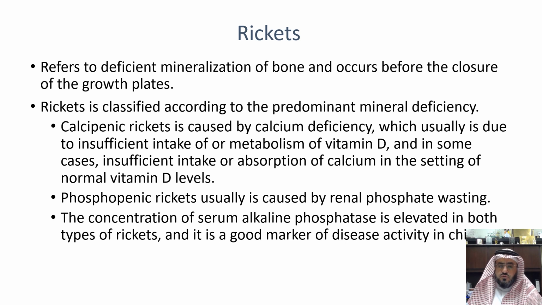Rickets could be due to low calcium alone, called hypocalcemic rickets, or low phosphate alone, called hypophosphatemic rickets, or in some conditions we could find both of them low, calcium and low phosphate, what is called combined rickets.